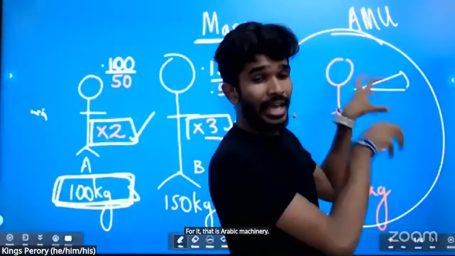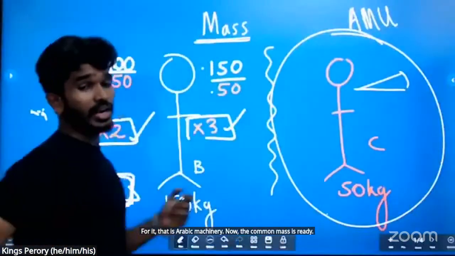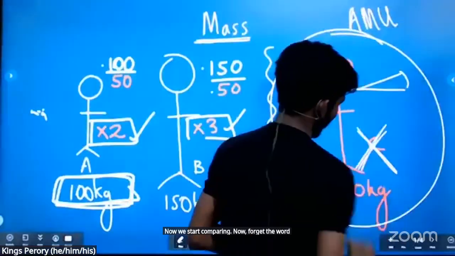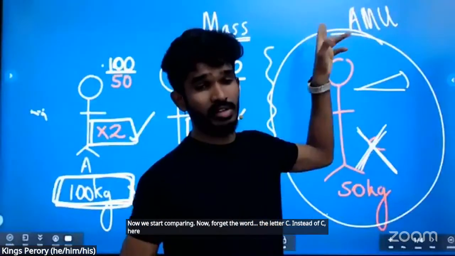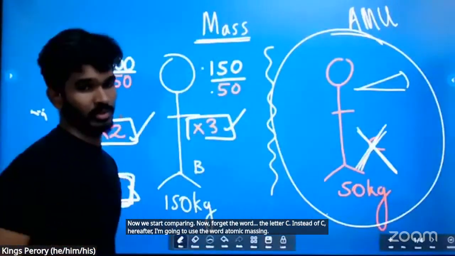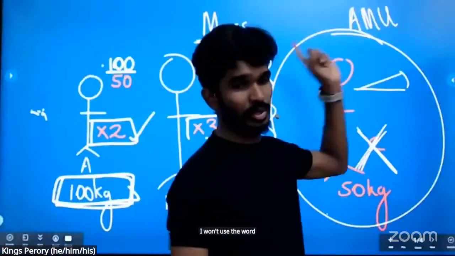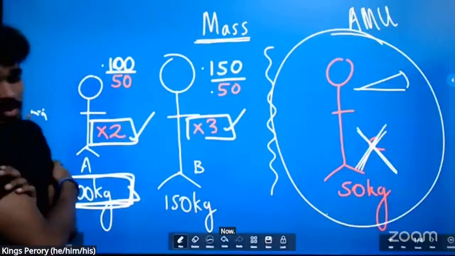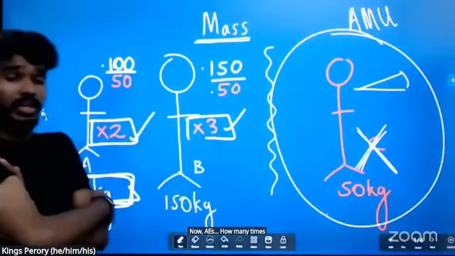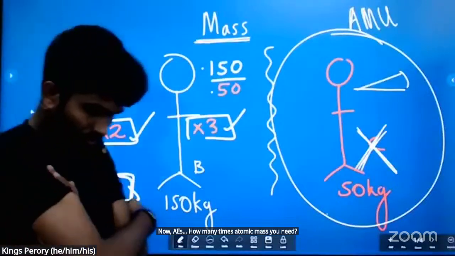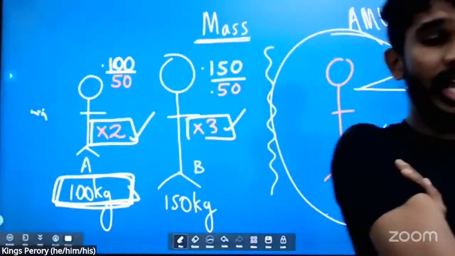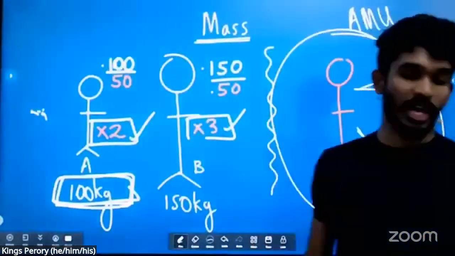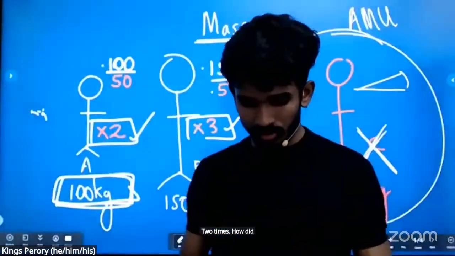Now the common mass is ready. Now we start comparing. Forget the letter C. Instead of C, hereafter I am going to use the words atomic mass unit. Now A is how many times the atomic mass unit? 2 times.